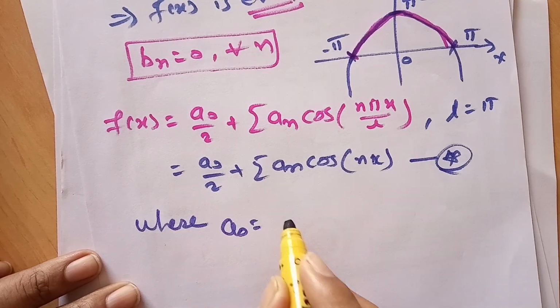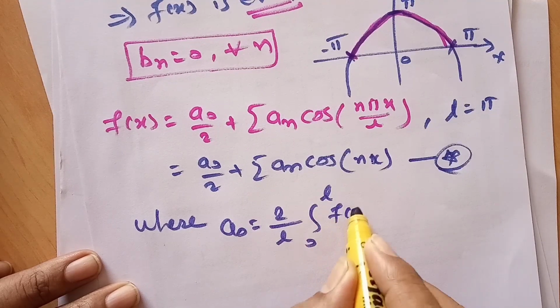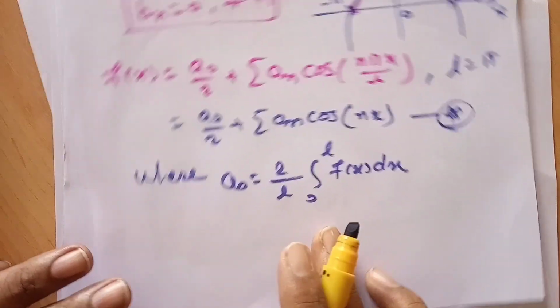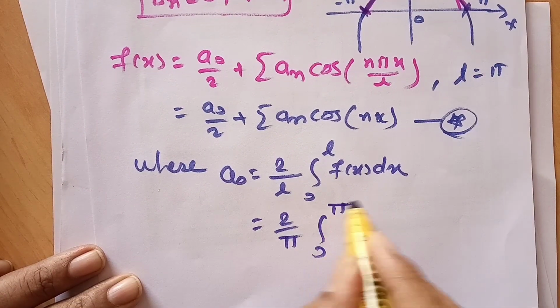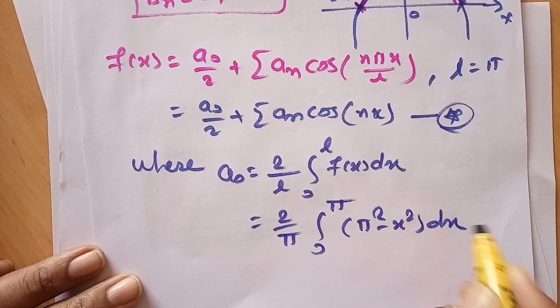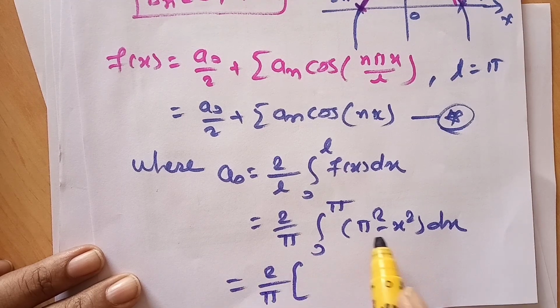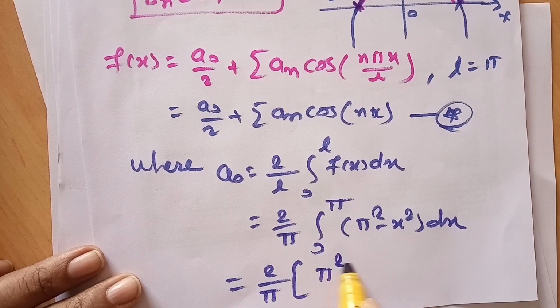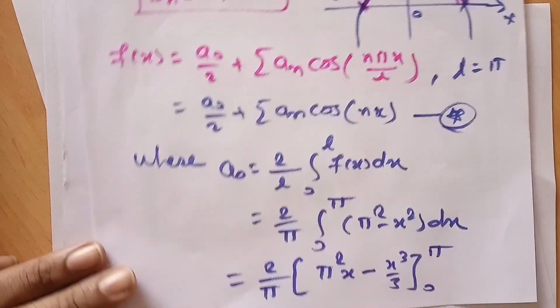a0 is equal to, directly writing the formula, 2 divided by L integration 0 to L f of x dx. What is L? L is pi. So 2 divided by pi integration 0 to pi of pi square minus x square dx. This is equal to 2 divided by pi times pi square x minus x cube divided by 3, between limits 0 to pi.